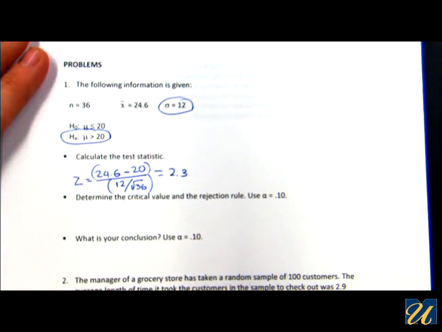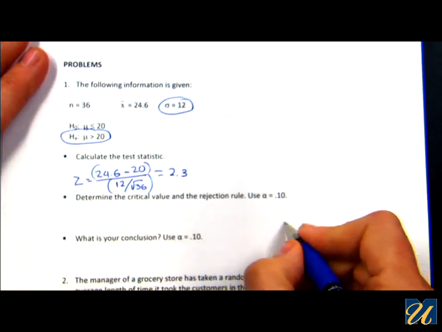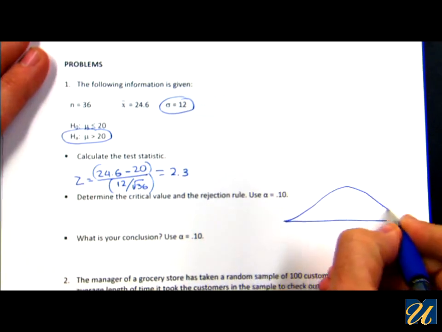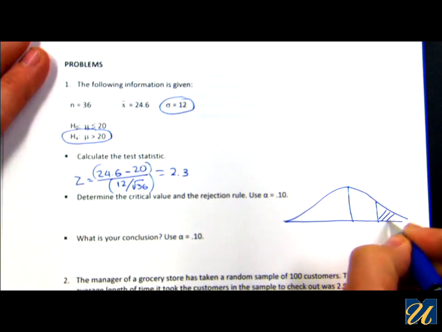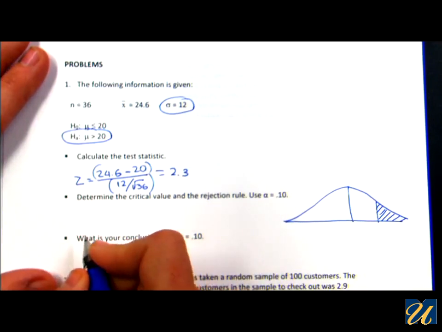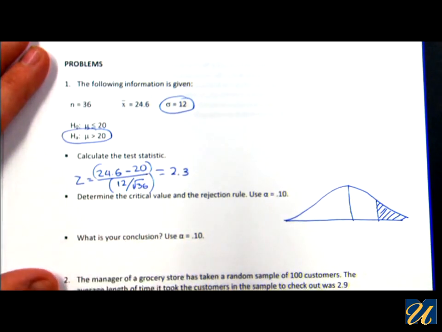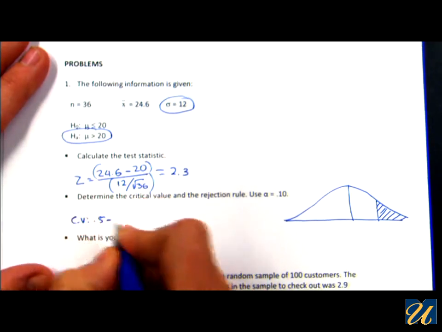The critical value: I have a one-tail test, it's upper, and to find the critical value, I will do 0.5 minus alpha.